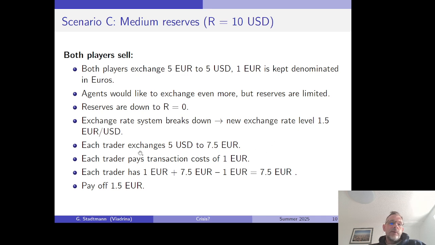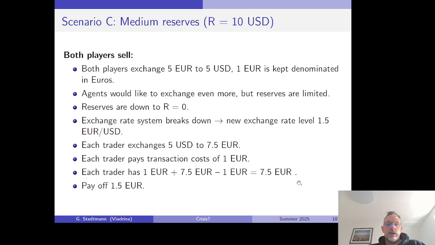Afterwards, each trader can exchange $5 into 7.5 euros. Each trader pays the transaction cost of €1, and each trader ends up with €1 because this was kept denominated in euros, then 7.5 euros from this transaction, and each trader has to pay the transaction cost of €1.